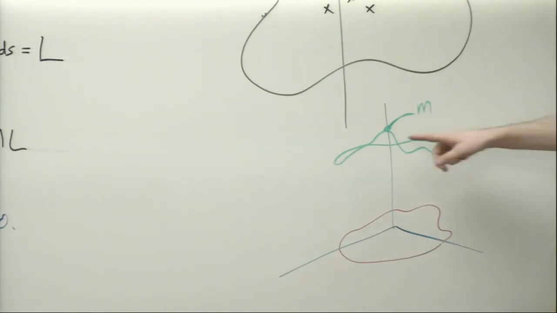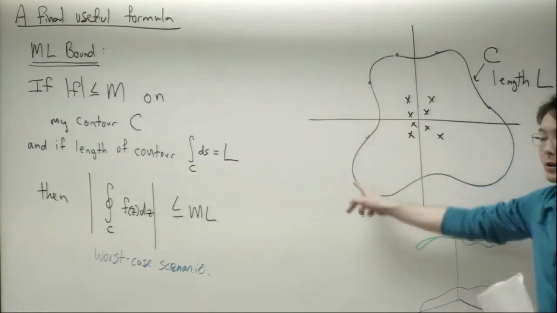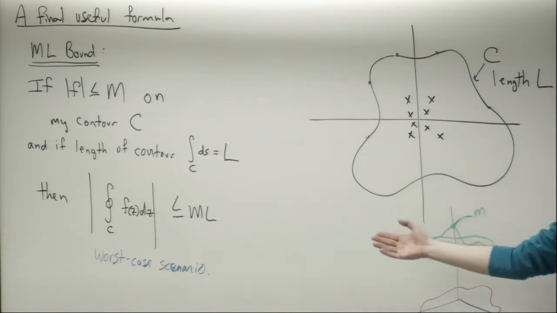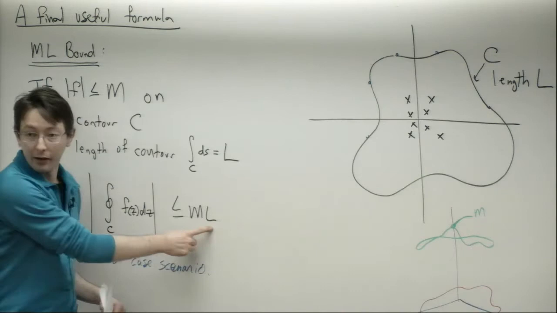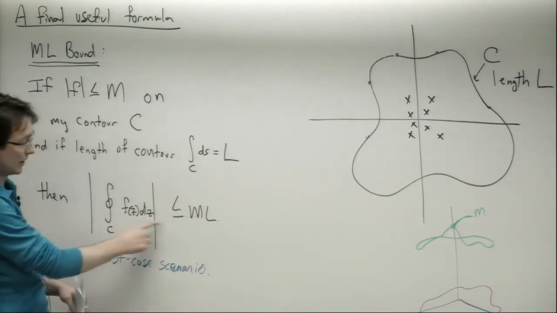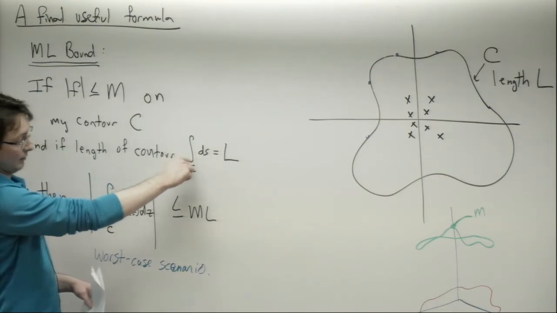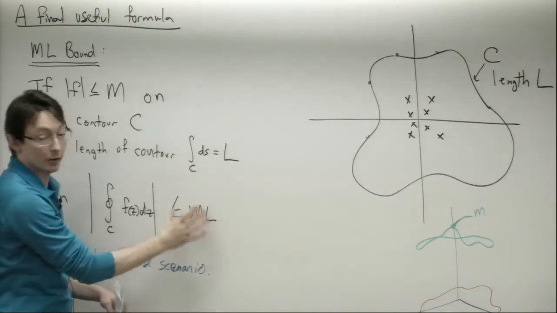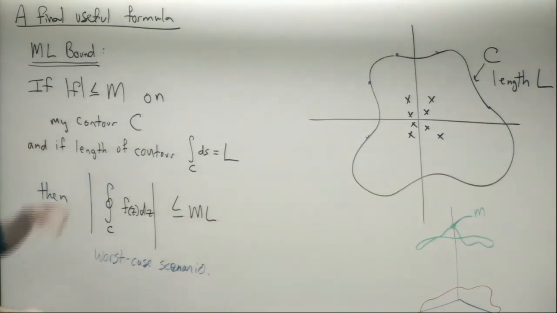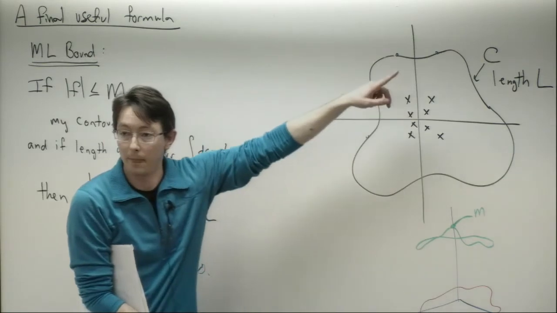And what we're assuming is, how big would this integral be if the entire function on this entire integral was equal to m? Okay? And that's exactly equal to m times L. If my entire function was a constant equal to m, and I integrated m over my contour, I would get m times L. So that's the biggest this integral could possibly be, if f was equal to its largest value on the entire contour.